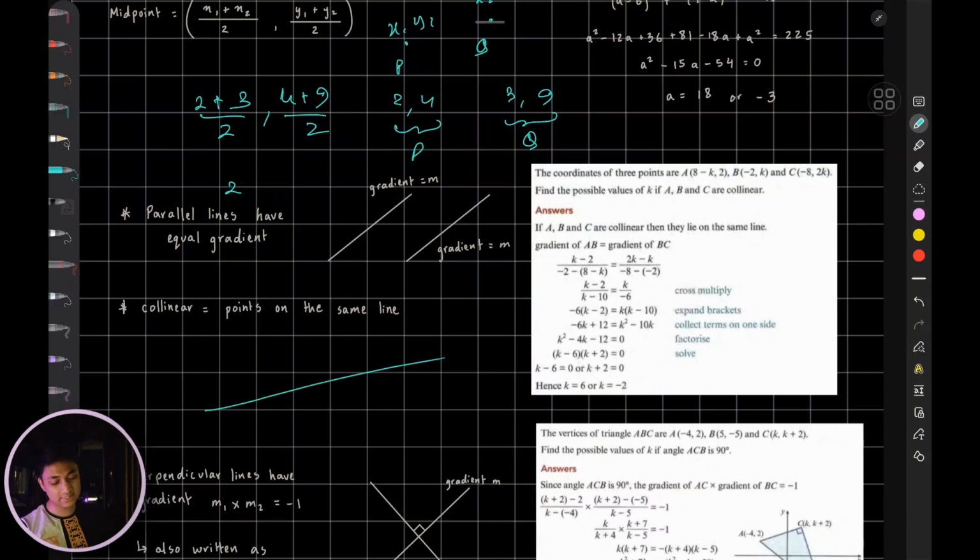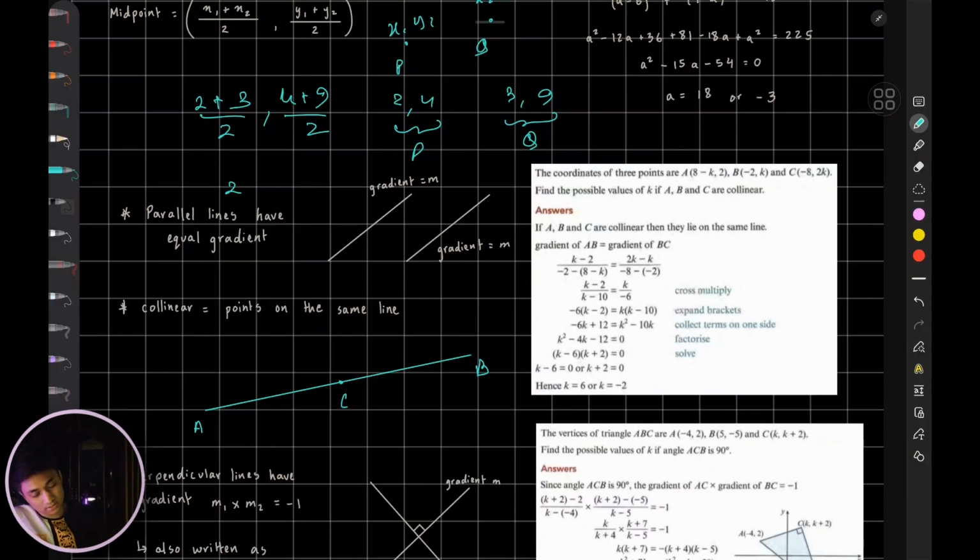What does that mean? Let's say I have one line, call it line AB. Now I also have another point, which is C. Now these 3 points are going to be called collinear. What does that mean? All these 3 points are going to be lying on the same line. So how do you find out that these 3 points are collinear?